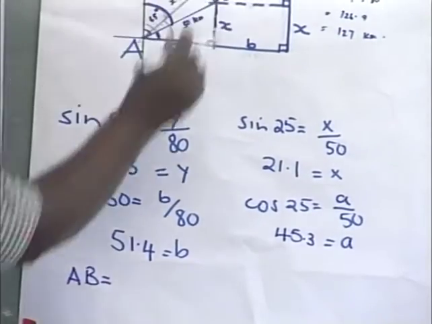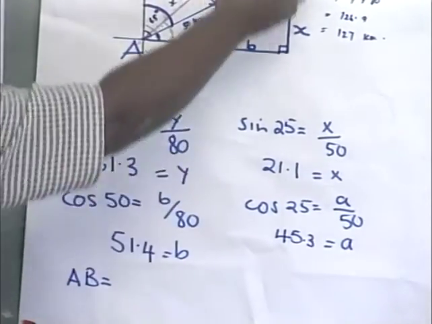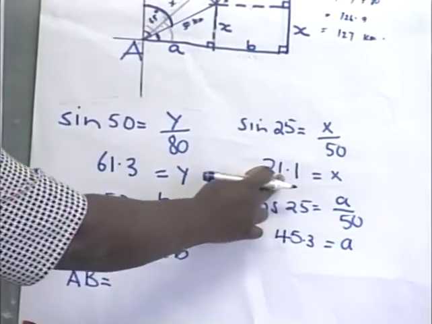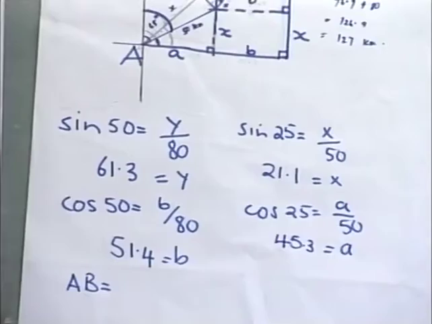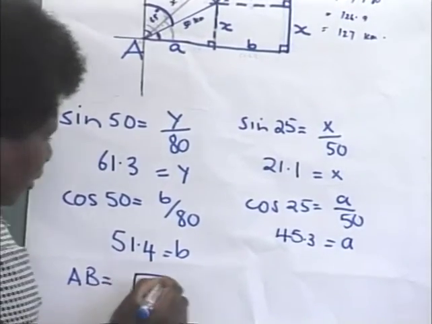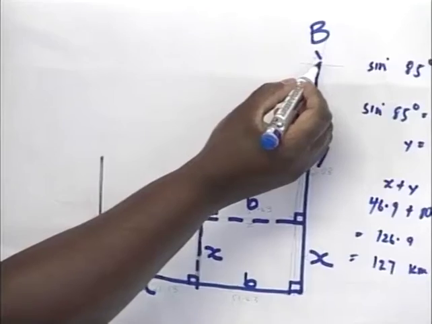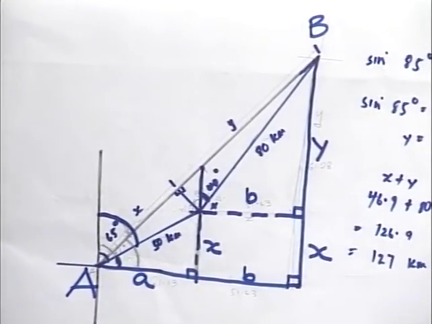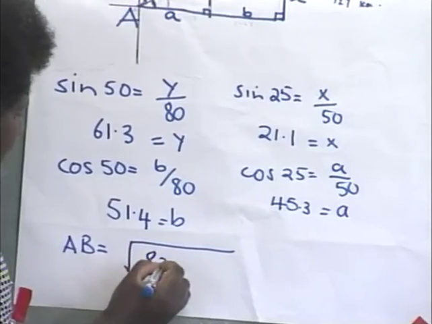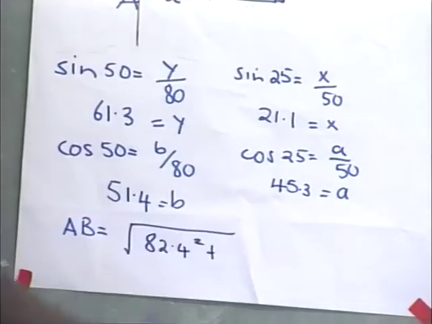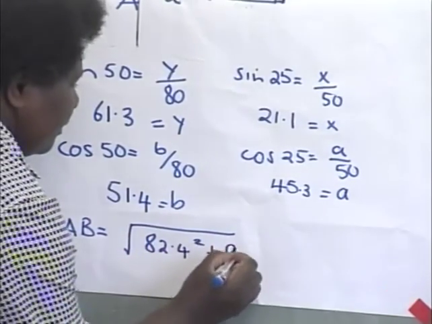Okay, now I want distance AB. I have to add X and Y to give me this. So X is 21.1 and Y is 61.3, which is 82.4. So the square root of, because AB is the hypotenuse of this triangle, 82.4 squared plus 51.4 plus 45.3 is 96.7.